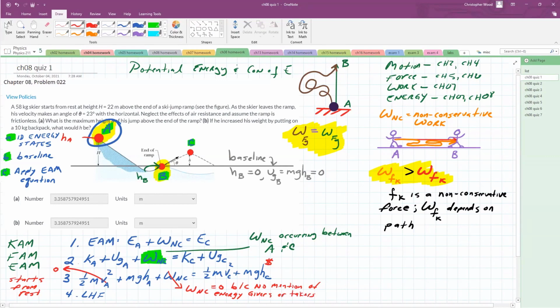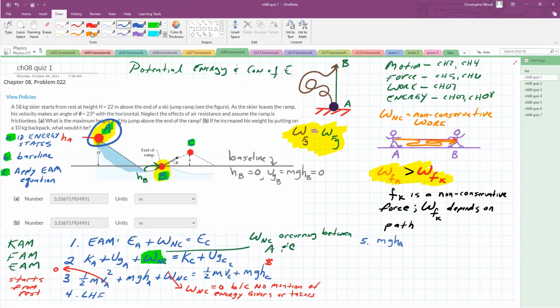Okay, so here's our new equation. We graduate from step 3 to step 5. That's equal to 0. So m g h_A. Oh, there's one other piece of low-hanging fruit.